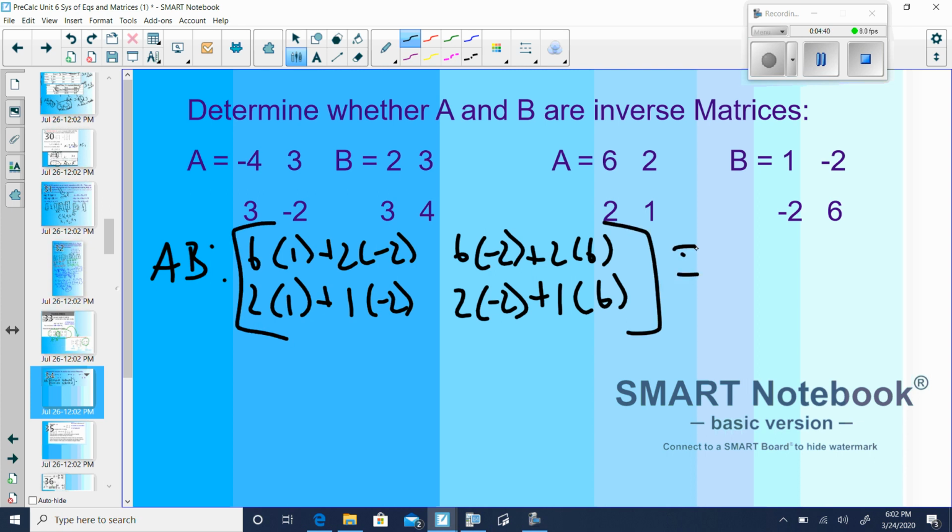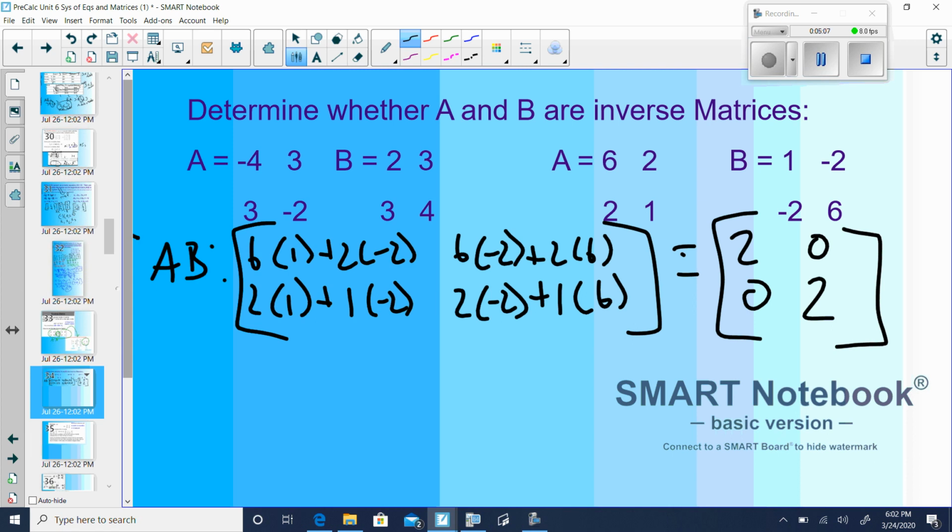So what do we end up with here? We end up with 6 minus 4. Ooh, guys. 6 minus 4 is 2. -12 plus 12 is 0. See here, 2 minus 2 is 0. And 6 minus 4. Oh, guys. Well, that is absolutely not true right here, because we need 1, 0, and 0, 1.